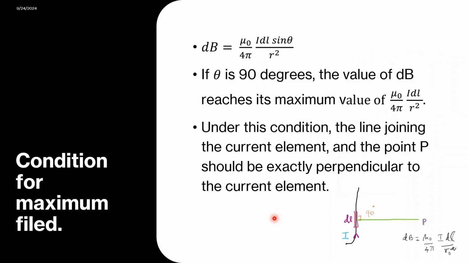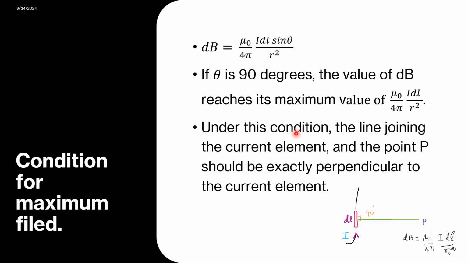Now we have to talk about the condition for maximum field. We know the value of dB: dB equal to mu naught by 4 pi, I dl sin theta divided by r square. If theta is 90 degrees, which means that the angle between the line joining the current element to the point P and the current element is 90 degrees, the value of dB is maximum. dB equal to mu naught divided by 4 pi, I dl by r square, because sin 90 equal to 1.